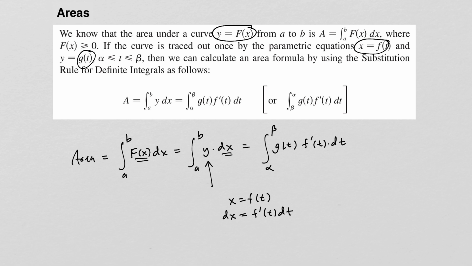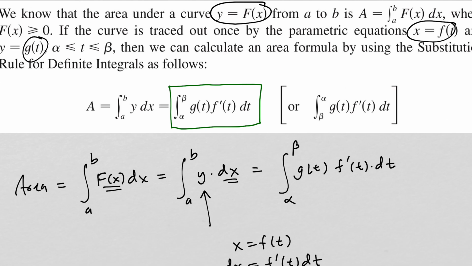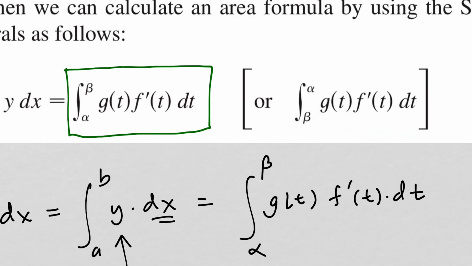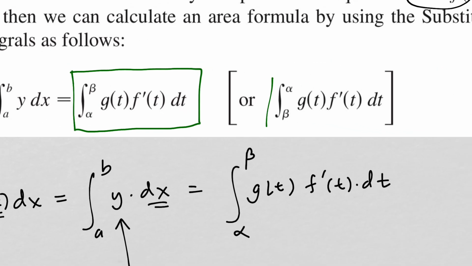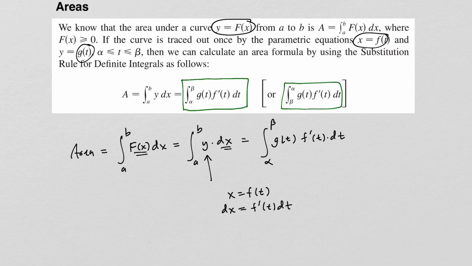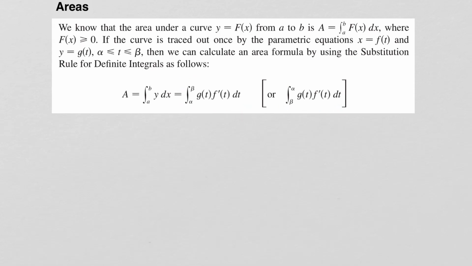All right, and so the integration formula for finding the area when given parametric equations is this formula right here. Now you will notice that it also says, or it might be this formula. Well, that all just depends on how the curve is traced. So let's talk just a little bit more about that, and then we'll move on to an example.